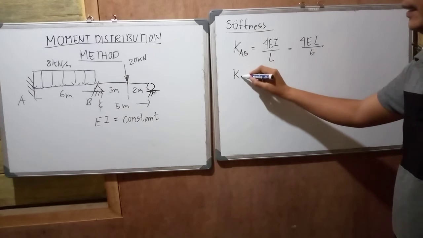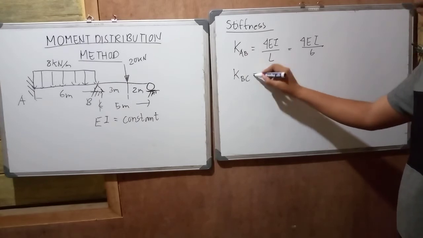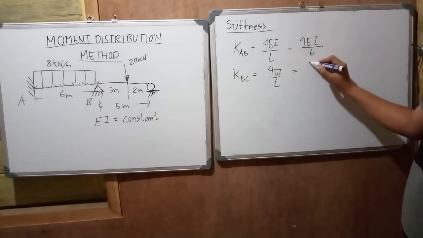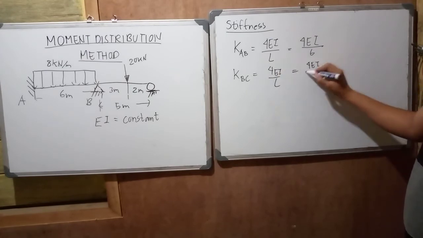Then KBC is equivalent to 4EI over L, which is 4EI over 5.